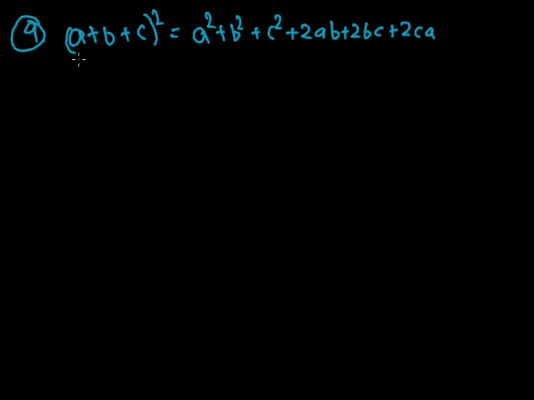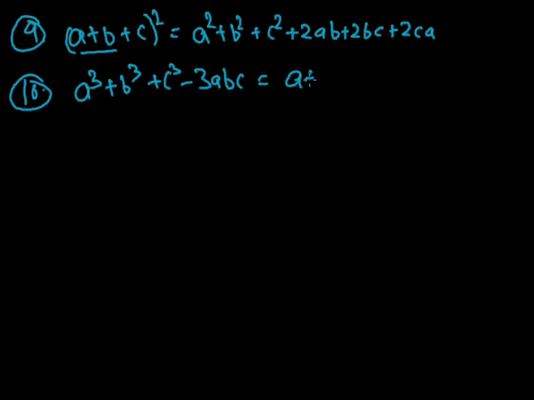To prove it, we can assume a plus b as x, then use the identity of x plus c whole square that we studied in the first identity, and by opening the brackets we get this formula. The other identity is a cube plus b cube plus c cube minus 3abc, which is given by a plus b plus c into a square plus b square plus c square minus ab minus bc minus ca.